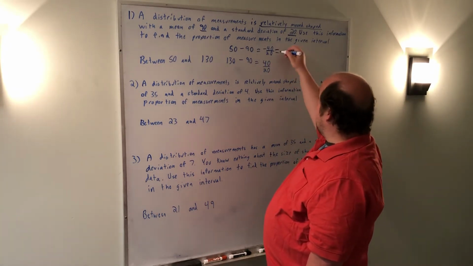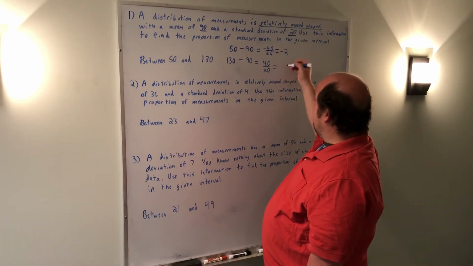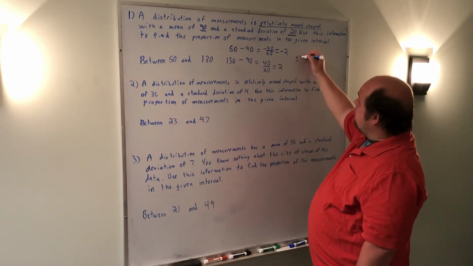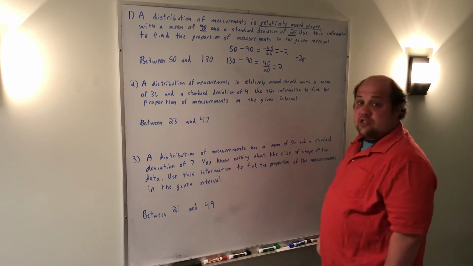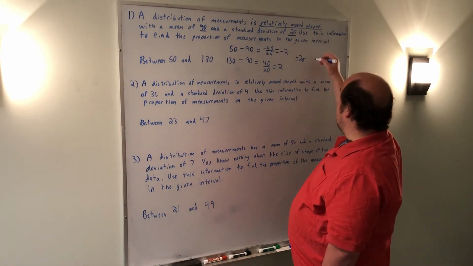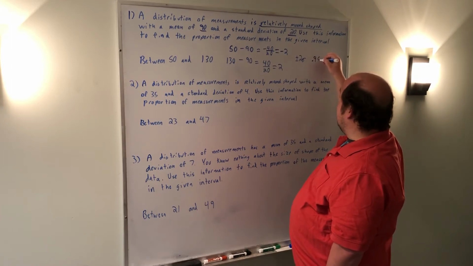Negative 40 divided by 20 gives me negative 2. 40 divided by 20 gives me positive 2. That's how I know I went plus or minus 2 standard deviations. If I line up plus or minus 2 standard deviations with the empirical rule, it should give me 0.95.